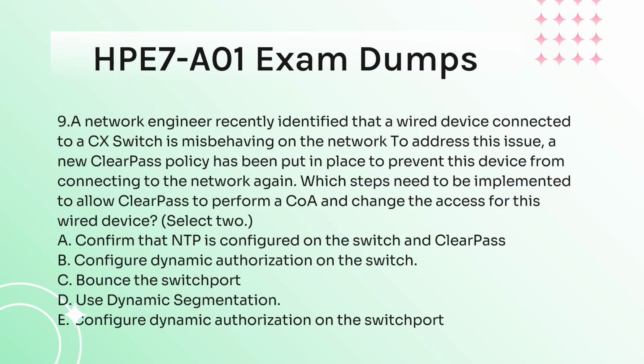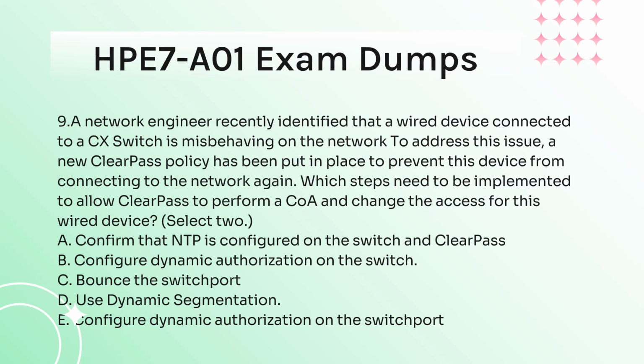9. A network engineer recently identified that a wired device connected to a CX switch is misbehaving on the network. To address this issue, a new ClearPass policy has been put in place to prevent this device from connecting to the network again. Which steps need to be implemented to allow ClearPass to perform a CoA and change the access for this wired device?